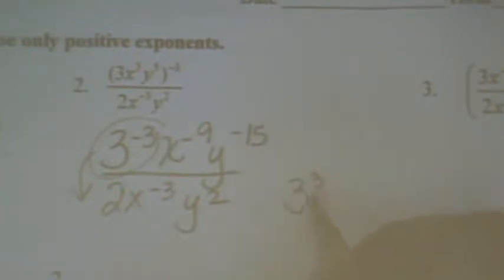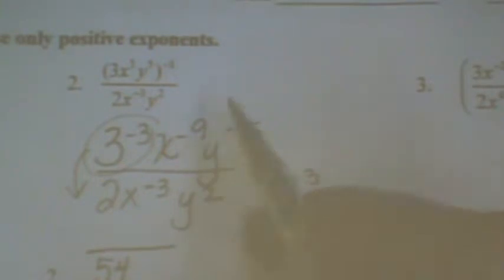So this is going to go down here, and it's going to become 3 to the +3. So 3 to the 3rd power is 27, and 27 times 2 is 54.